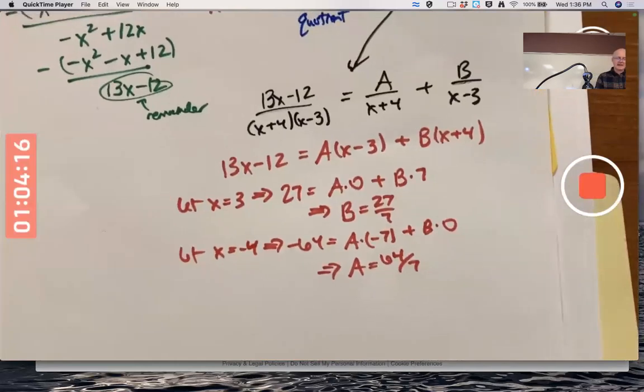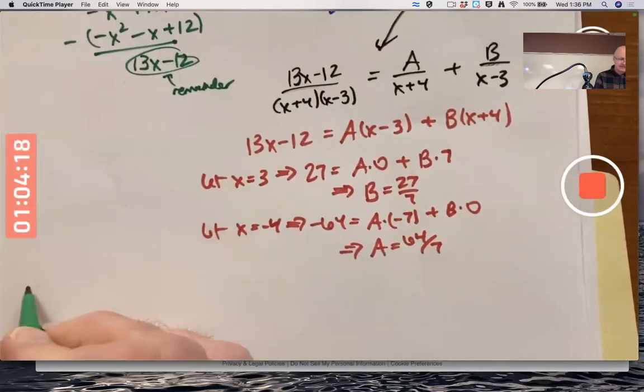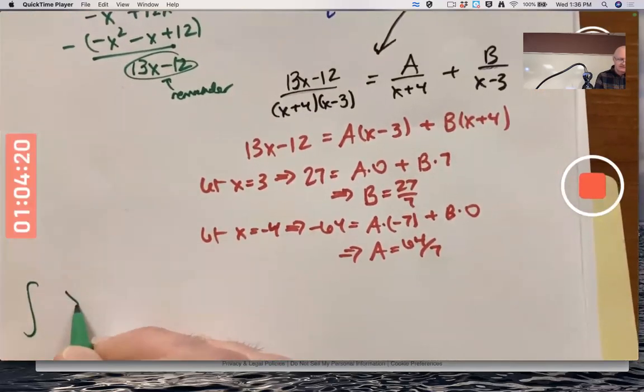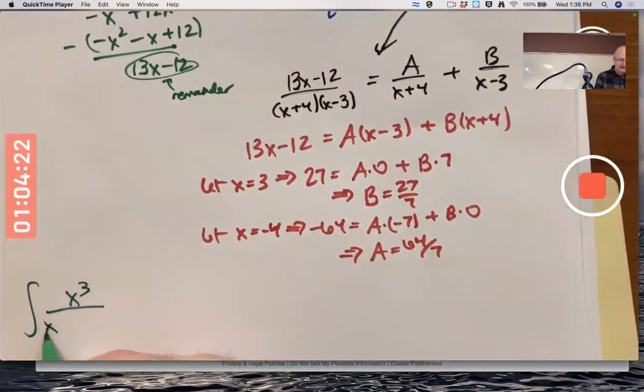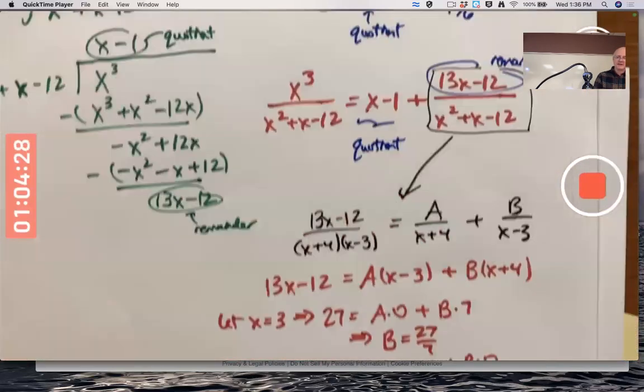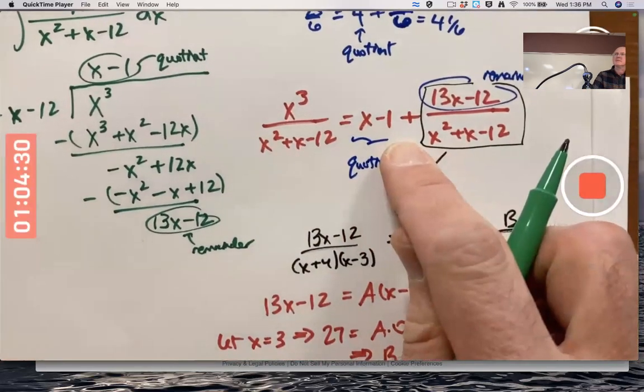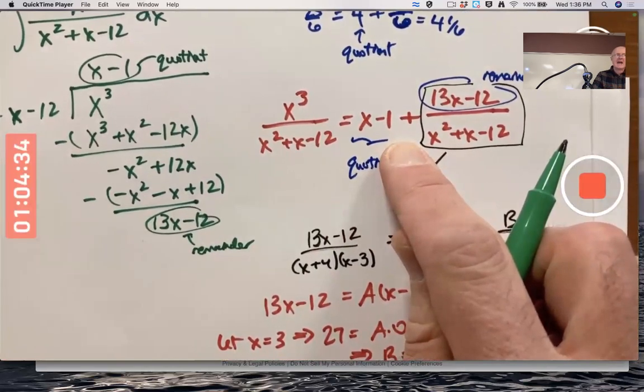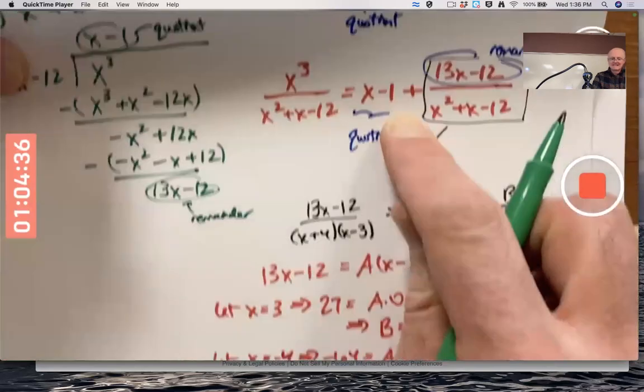This all means then that my original integral is, don't forget about the quotient. Don't forget to integrate that. You get it wrong if you forget that. Integrate x minus 1. That'll be 1/2 x squared minus x.